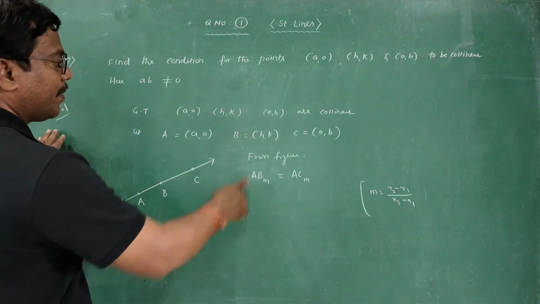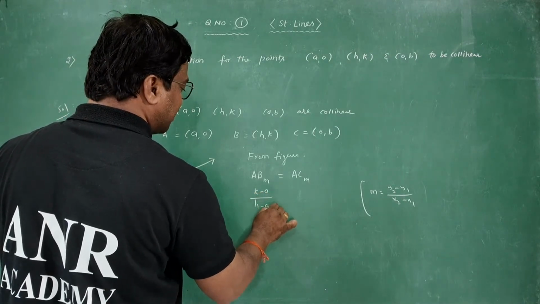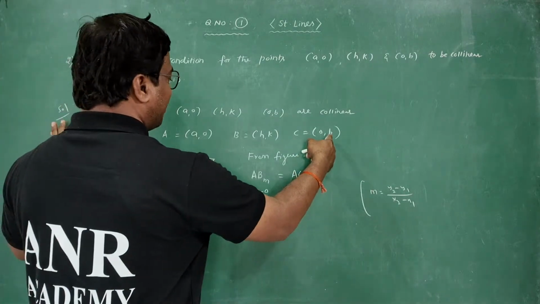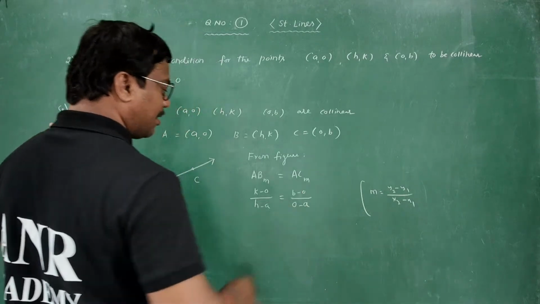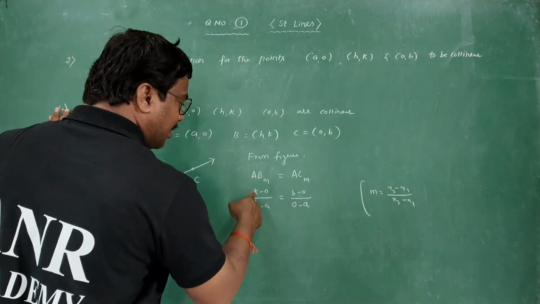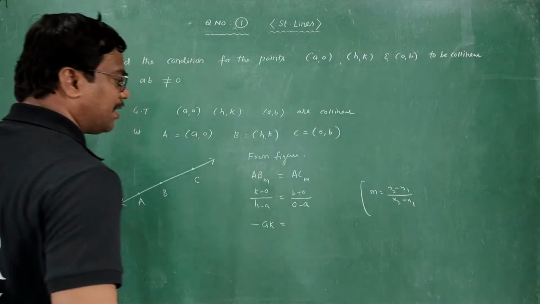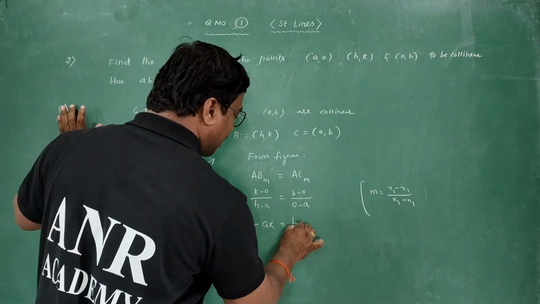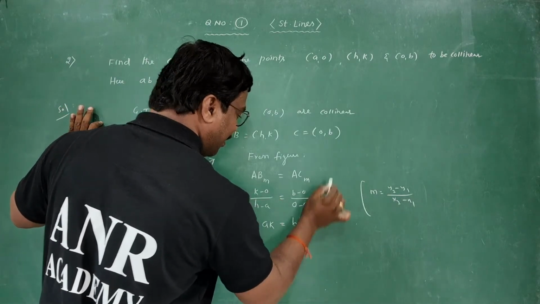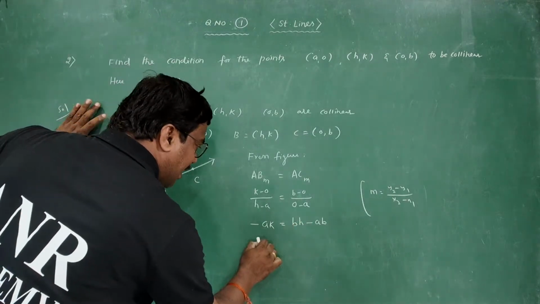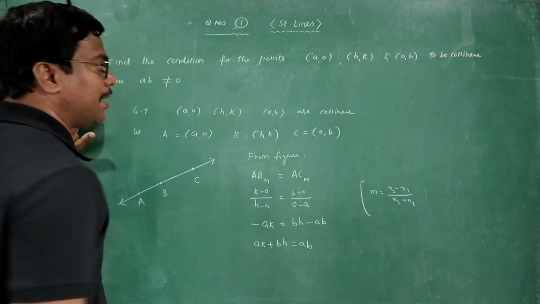Here y2 minus y1 is k minus 0, divided by h minus a, that is the slope of AB. Next the slope of AC: b minus 0 divided by 0 minus a. On cross multiplication it is k times minus a, so minus ak, which is equal to b times h, that is bh, next b multiplied by minus a, minus ab, and from this I can write ak plus bh equals ab.